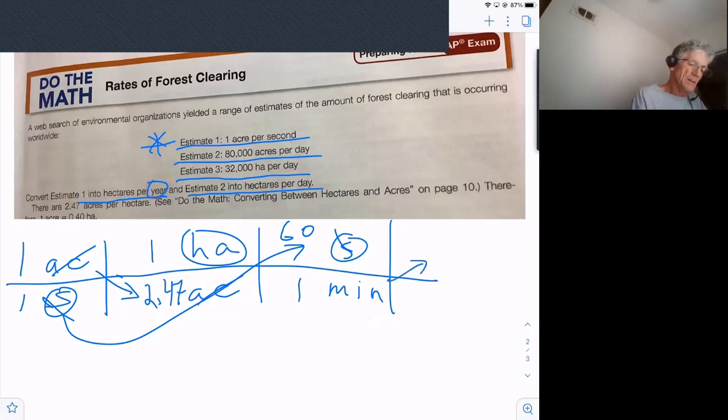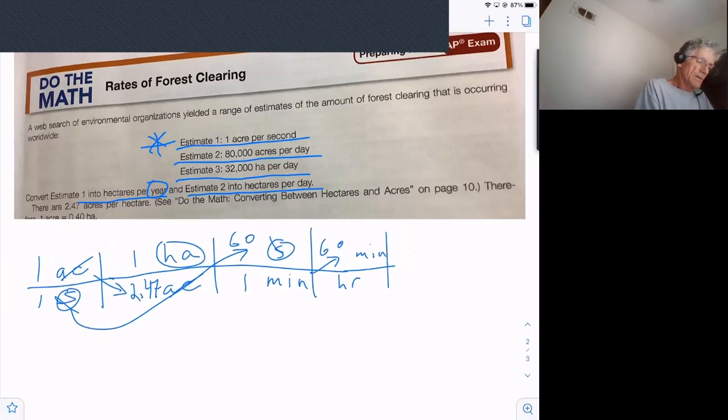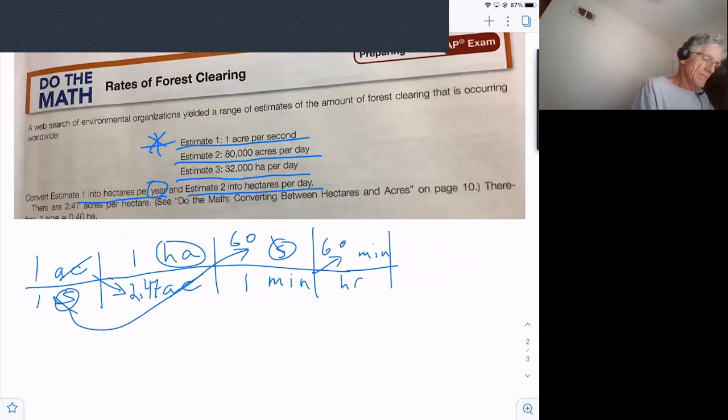I can't bring minutes down, I have to bring it up. So there's 60 minutes in an hour. And finally, there's 24 hours in a day. So you keep on doing this.